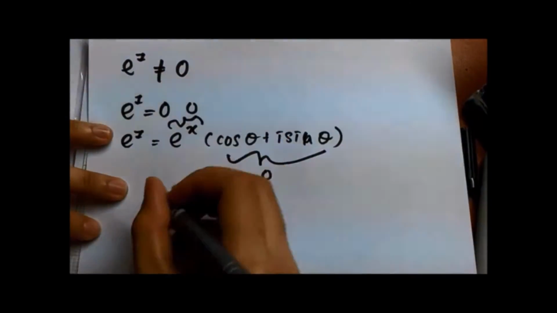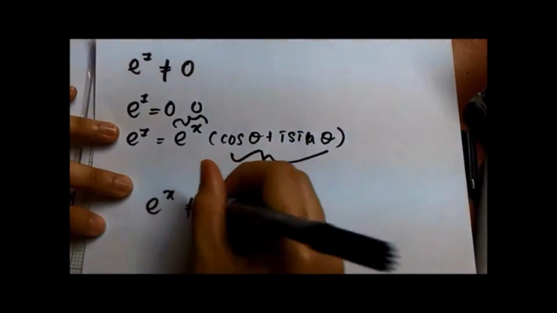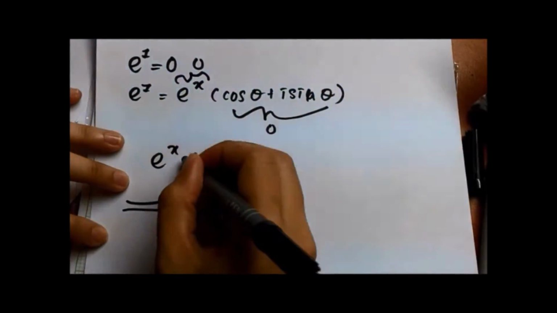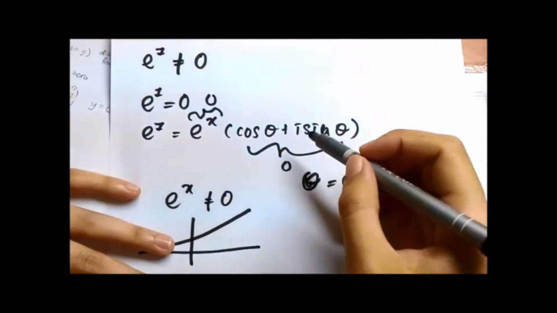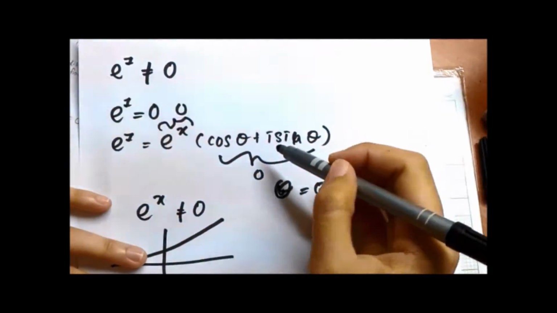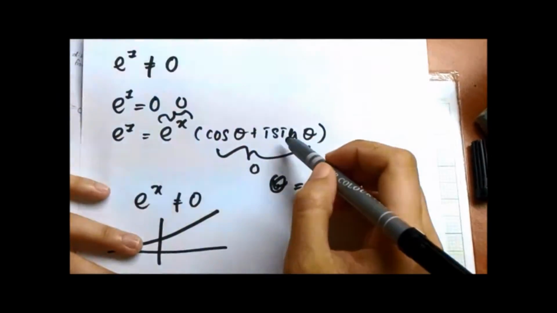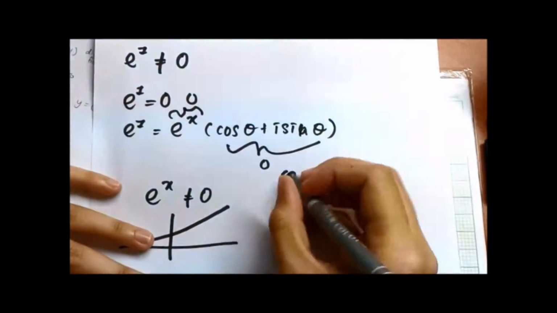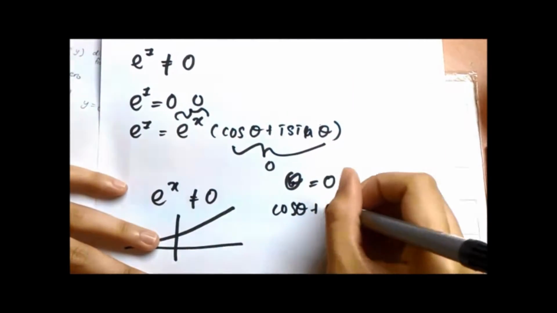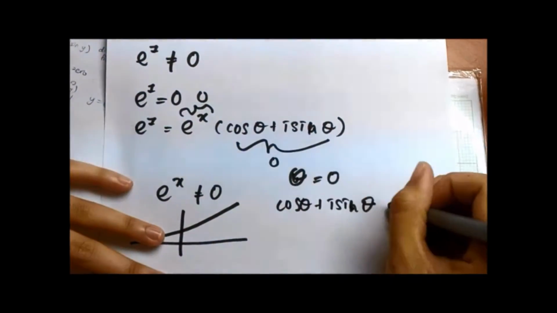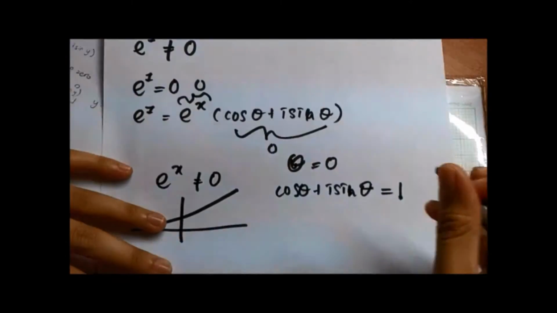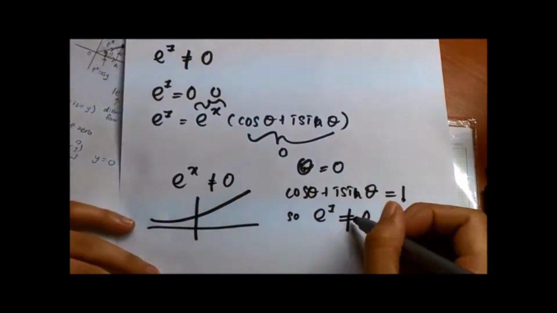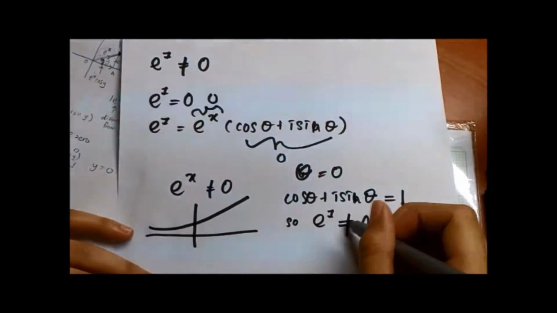But in the real case, e^x cannot be 0 because from the graph, we know that e^x approaches 0 but is never 0. Next, if the second component is 0, both cos theta and sin theta should be 0. But it is impossible, as when theta equals 0, cos theta plus i sin theta is equal to 1. So, e^z is never 0.